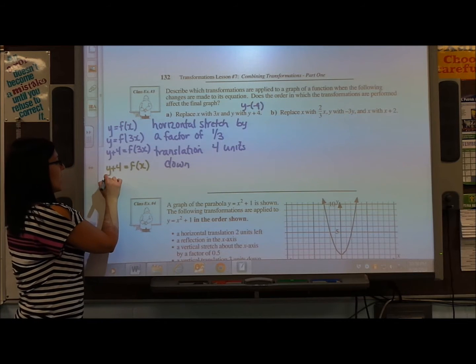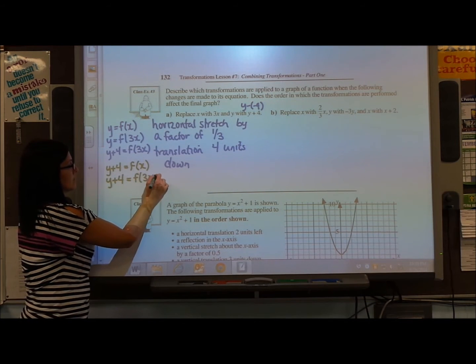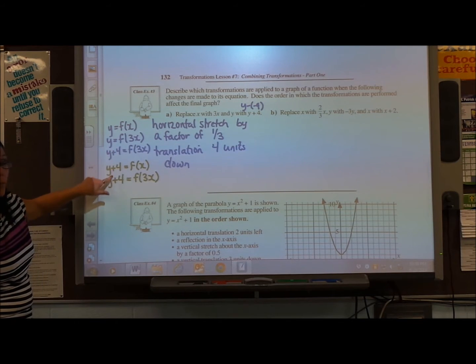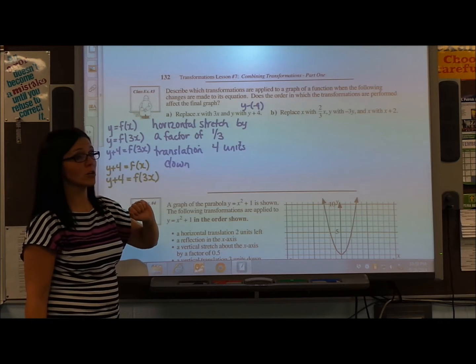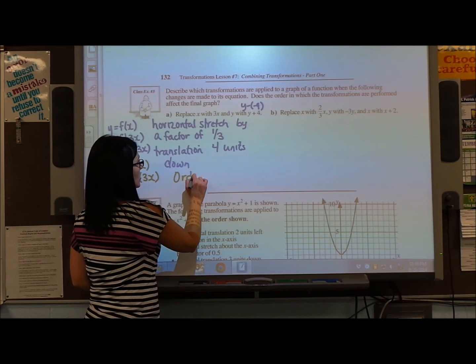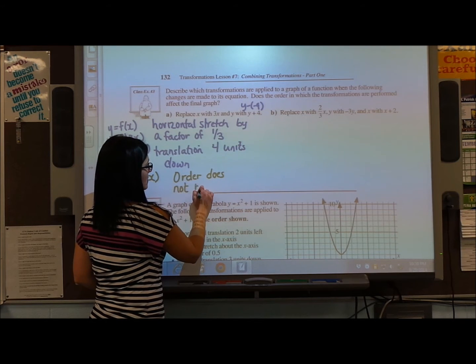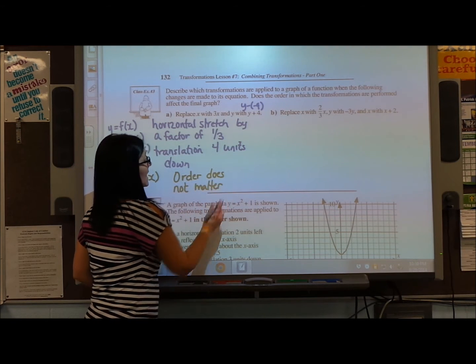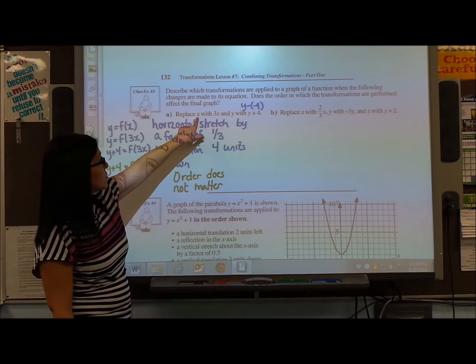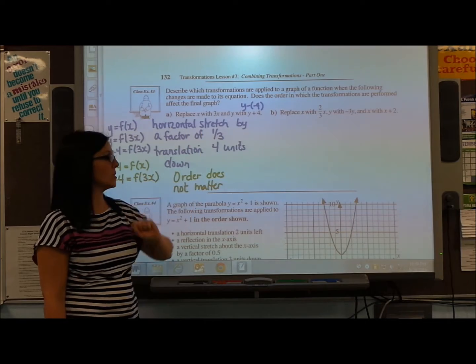Replace x with a 3x. What can you tell me about the 2 equations? They're the same. So did the order affect the final graph? No. Order does not matter. And again, it's because this was horizontal and this was vertical. They were at right angles to each other.